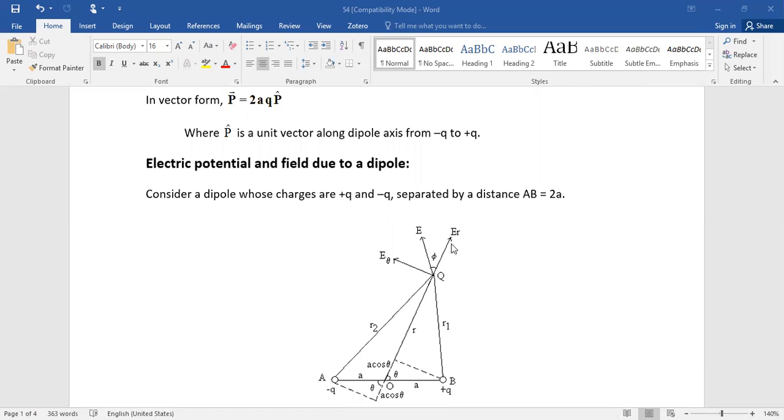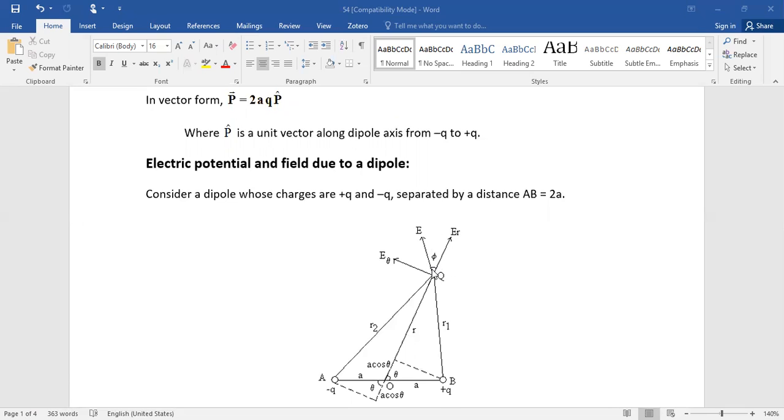In this triangle, if you take tan phi, that will be opposite side by adjacent side. Opposite side is E theta, adjacent side is ER. Tan phi is equal to E theta divided by ER.